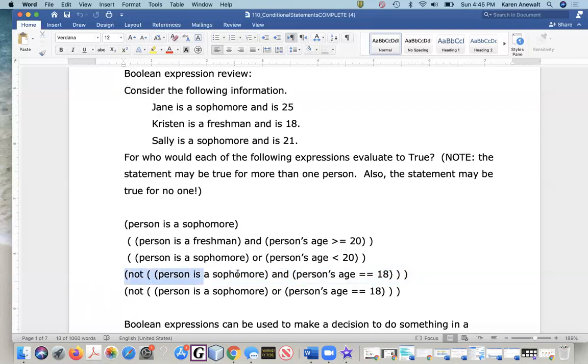It's kind of like saying, give me a true answer if the person is not a sophomore or if the person's age is not equal to 18.